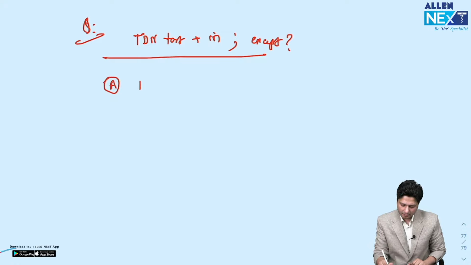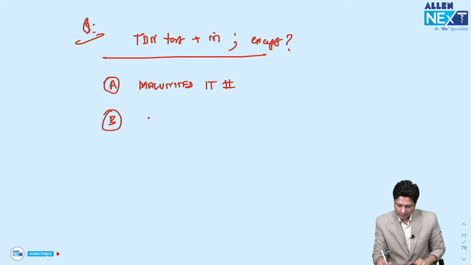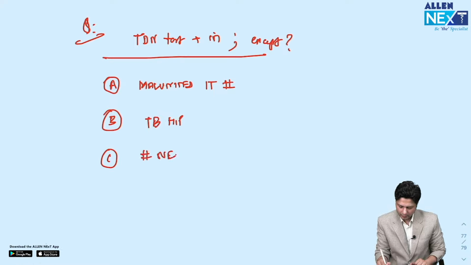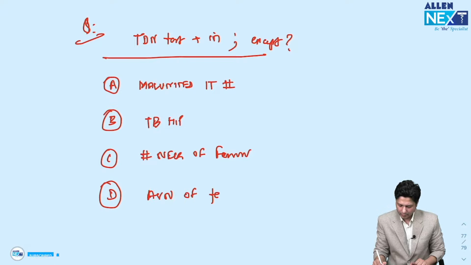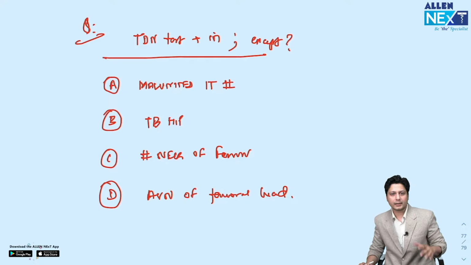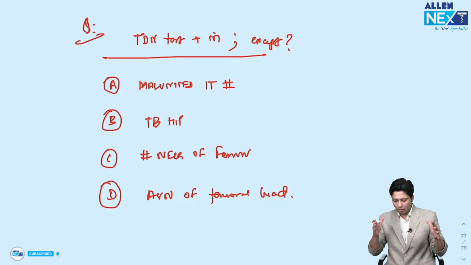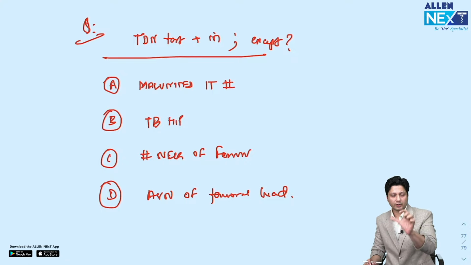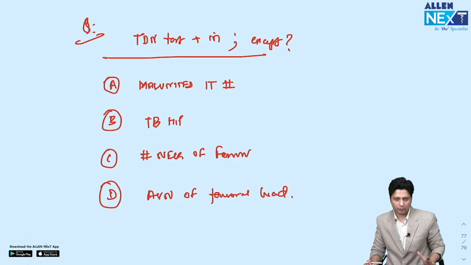The options provided are malunited IT fracture, that means intertrochanteric fracture, then tuberculosis of the hip joint, then fracture neck of femur, or avascular necrosis of the femoral head. So this is your question.